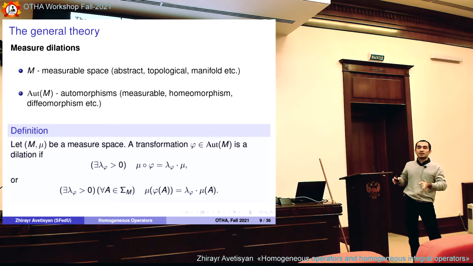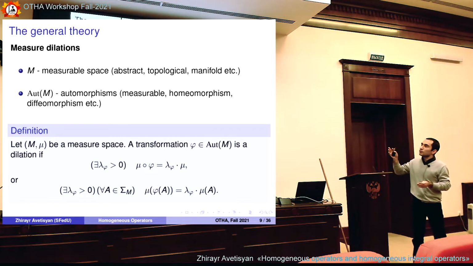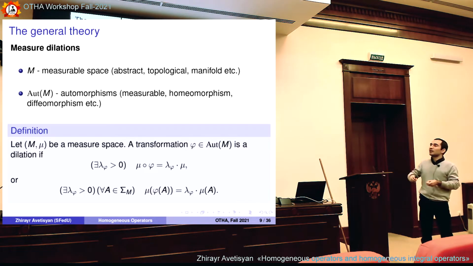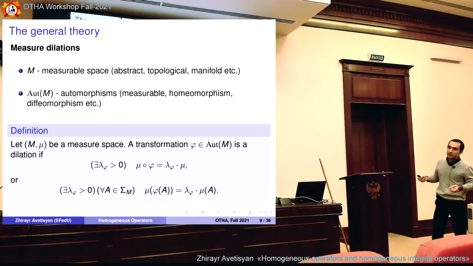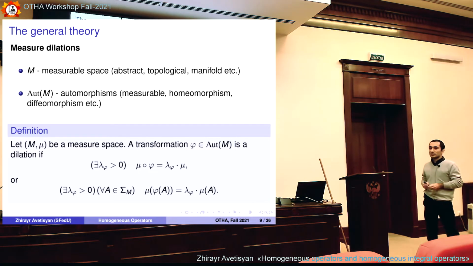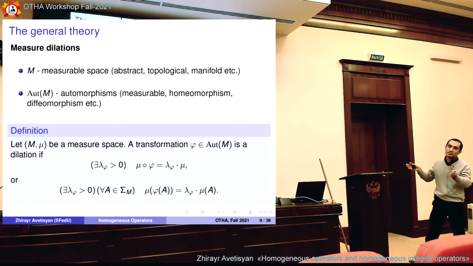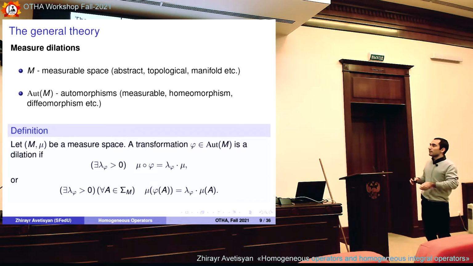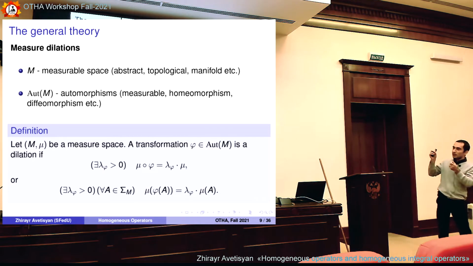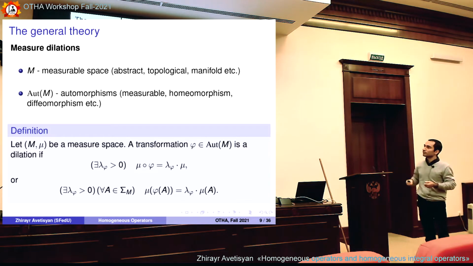So once you fix a category in which you embed the object M, it also fixes the admissible transformations, its automorphisms in the category, right? So they are going to be either abstract measure space automorphisms, or homeomorphisms, or diffeomorphisms. And all the rest of the constructions in this talk are going to be the appropriate structures to the category that you have fixed from the very beginning. So we won't worry about those things anymore.